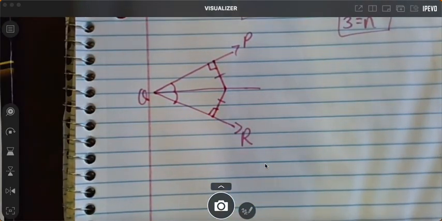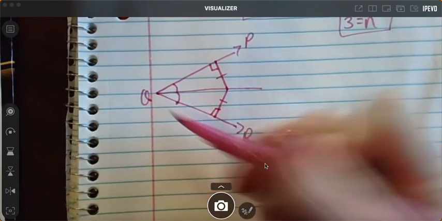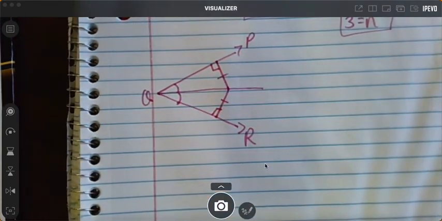Does that make sense? I'm drawing some little triangles in there, okay? If these have 90-degree angles and these two are equal, then so are these.